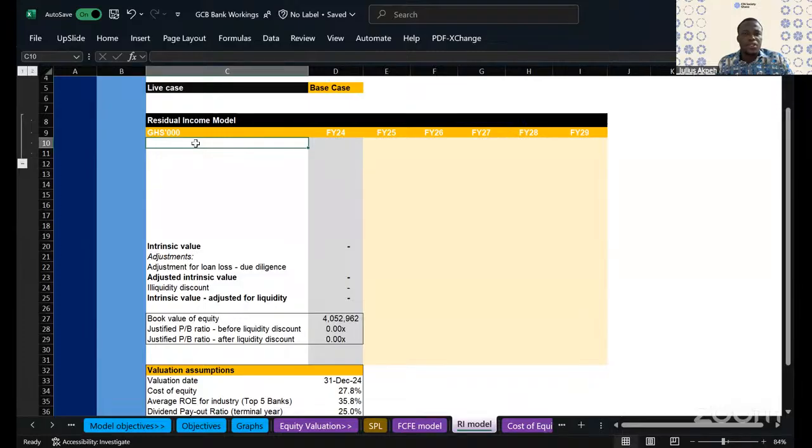Let me check something here quickly. What it means is that we can have our earnings as per P&L. Then we have adjustments for other comprehensive income.